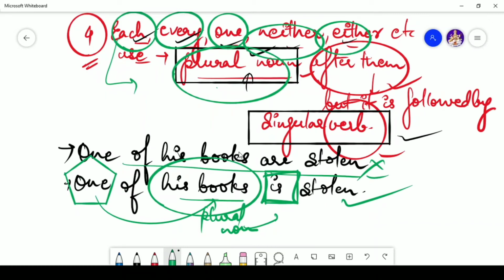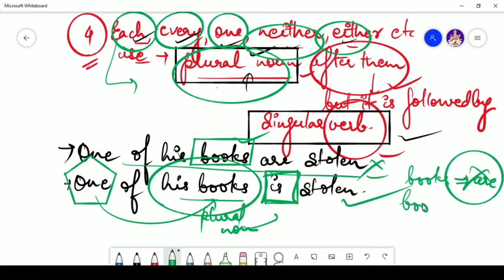Do not, I repeat, do not make use of a plural verb in these sentences just seeing the plural noun. Like they have specified books, that means you're gonna use are? No. You have to remember that there you're gonna use is. Now let's talk about the fifth rule.